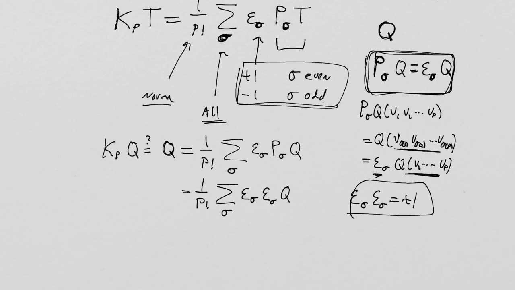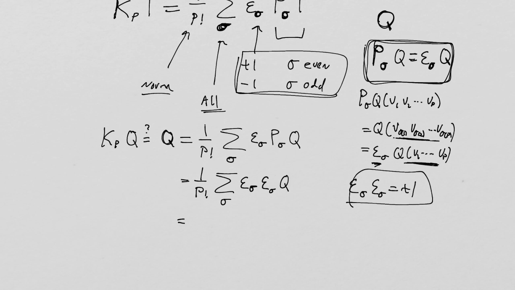So this is going to equal 1 over P factorial times the sum over all permutations of Q, right? But that's just adding Q up P factorial times, which is P factorial over P factorial times Q, right?